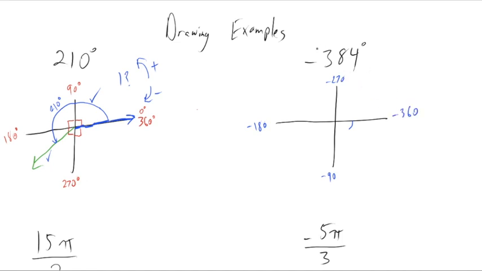But wait, our number's larger than this 360. Well, if you think about it, you can rotate more than a full circle. Like if you started spinning, you're going to go more than a full circle around. You can keep on going and going and going.